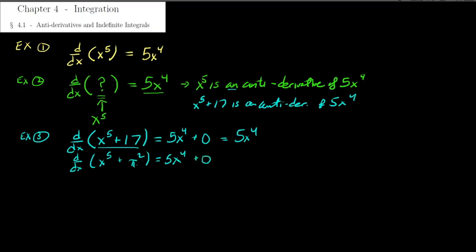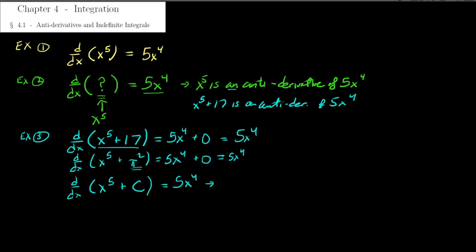The power rule doesn't apply to it, because pi is a constant. So it doesn't matter what this constant is. If I take the derivative of x to the 5 plus any constant, which I'll call c, I still get 5x to the fourth.